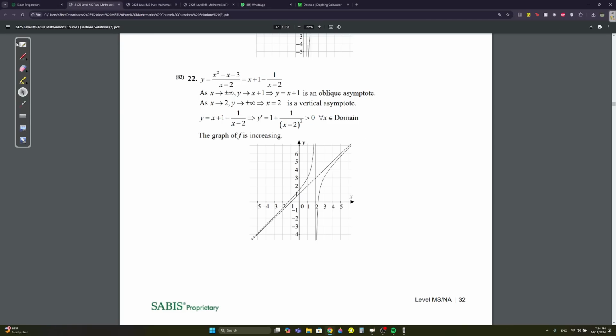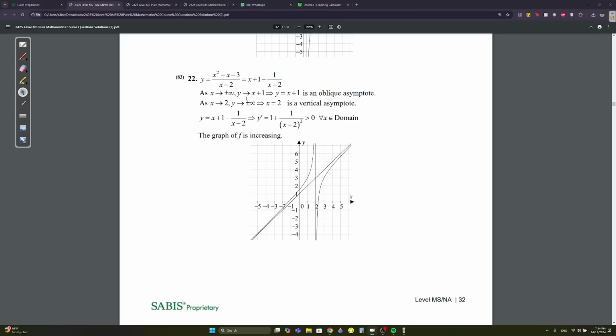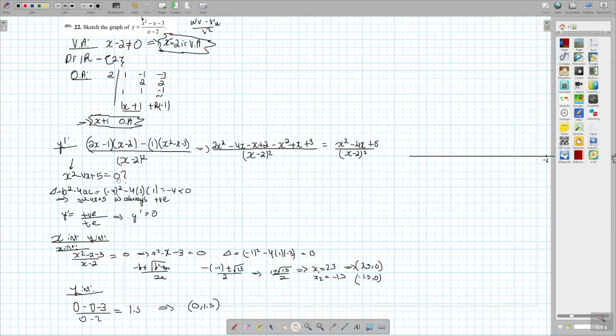Here, what they did is, when we divided and we found the oblique asymptote, they put that on the side and they put the remainder as -1. When you put the remainder, that means -1 over the original value x minus 2. So they took out the x plus 1 and put it like this. I guess you can, and they derived x plus 1 by itself, which is the same thing as what we did, by the way.